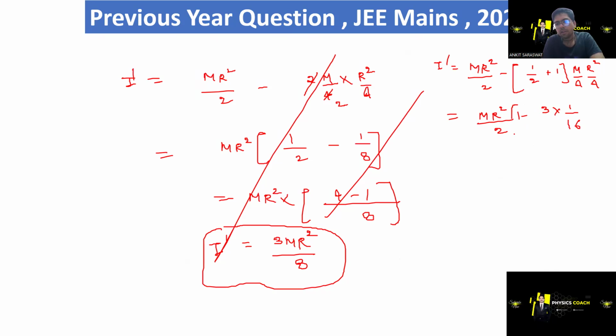So mr square by 2 times 16 minus 3. How much is 16 minus 3? 13 mr square by 2.